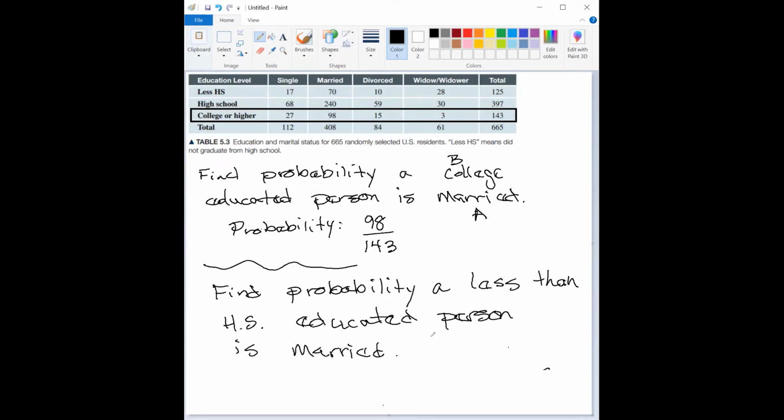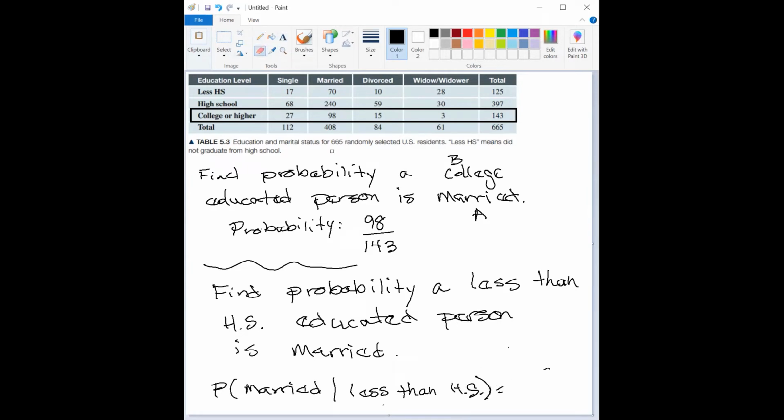So just so you have a second example. All right, so we want to find the probability of married, given that less than high school education.